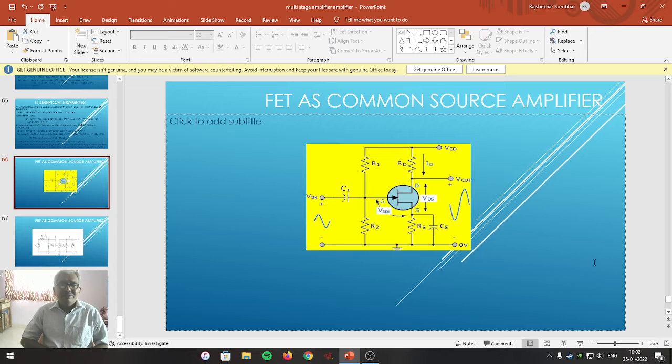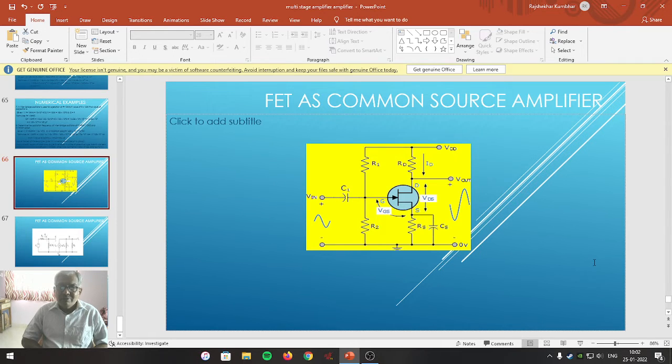Such a FET can be used as an amplifier, like your bipolar junction transistor. FET can also be used in different configurations. It can be used as a common source, a common drain, or a common gate.